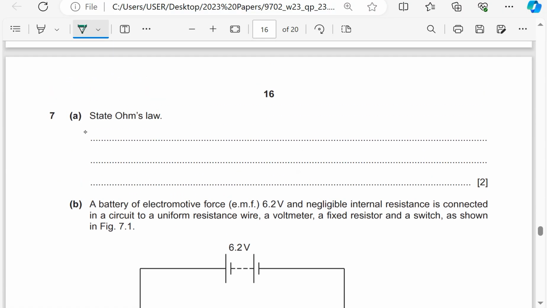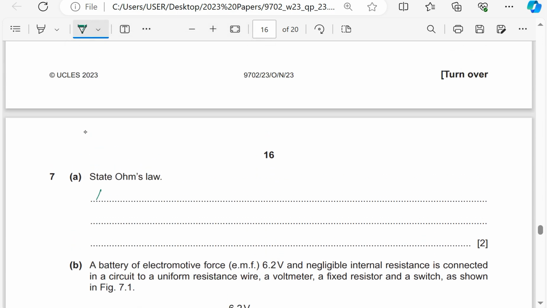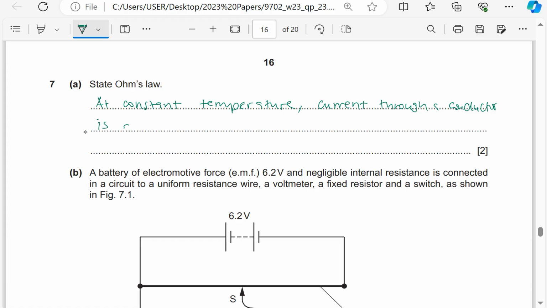State Ohm's law. So Ohm's law states that at constant temperature, the current through a conductor is directly proportional to the potential difference across the conductor.